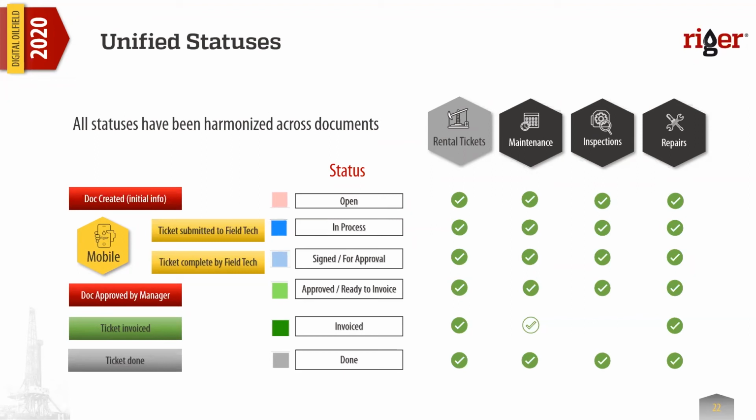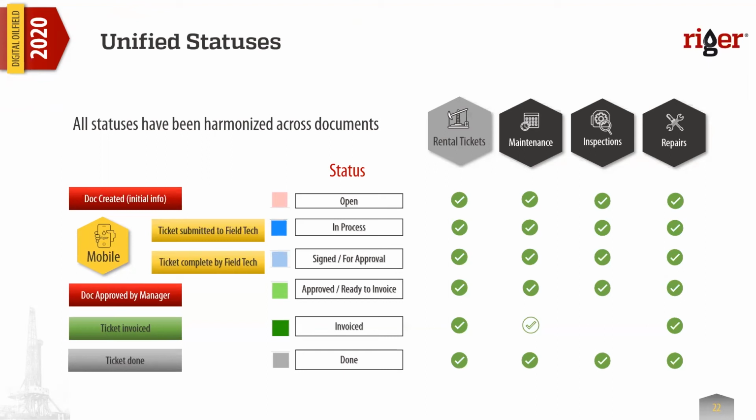Now, when we move the ticket to the field technician, we change the status to in process, and now the field technician works with this document. You remember that the ticket gets locked in the desktop application while it's in the in process status. When the field technician completes his job, he switches the status from in process to signed for approval in the mobile application.